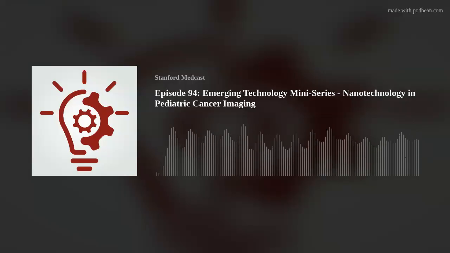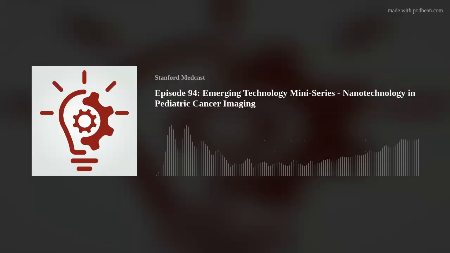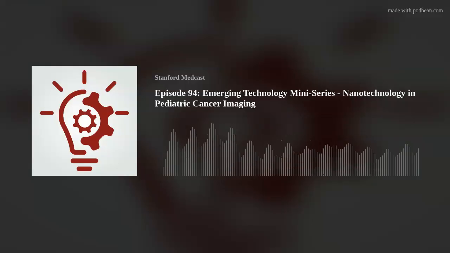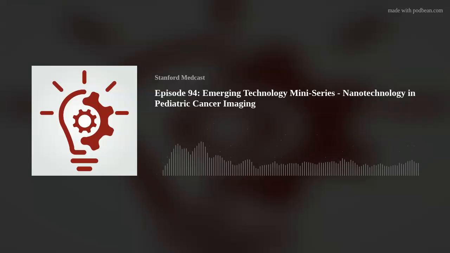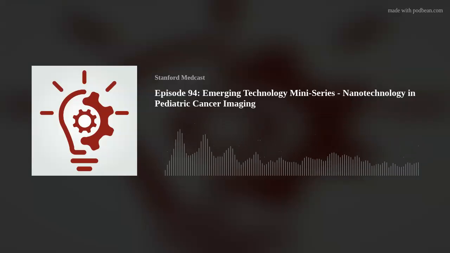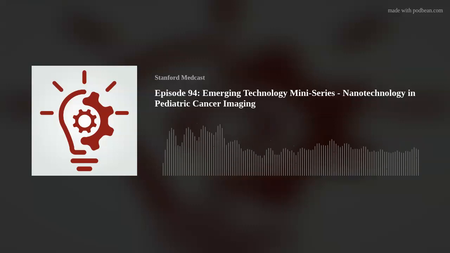Can you talk a little bit about the accessibility issues surrounding this? I'm a physician scientist, so I do not know the actual costs that come out in the end. Currently, the clinical trials that my group is conducting are funded by the National Cancer Institute. And so the National Cancer Institute funds the entire study.